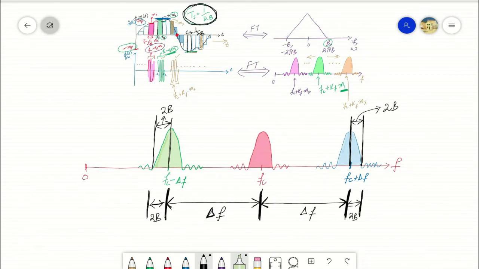From the analysis conducted in the first part of this lecture, we reached the conclusion that angle modulation schemes consume infinitely large bandwidth while most of the energy is concentrated in a certain band.